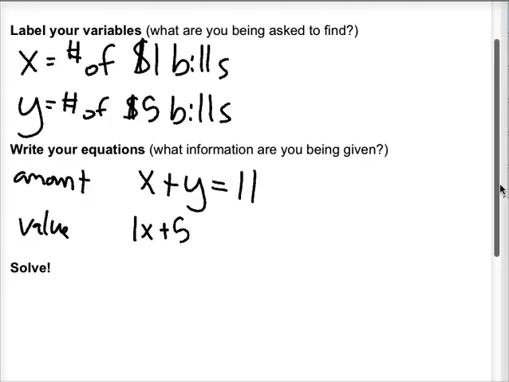Well, their value is going to be 5 times however many there are. If you have 1, you have $5. If you have 2, you have $10. So when it comes to money, you always multiply however many there are times what each one is worth. And in this case, they total to $31.